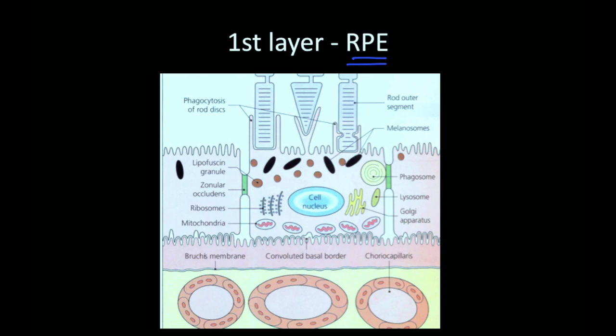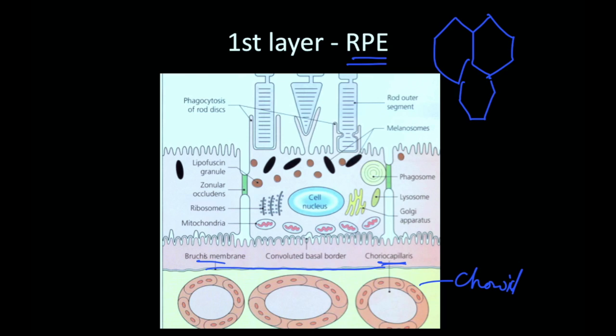Now you have RPE, that is retinal pigmentary epithelial cells, which are adjacent to the Bruch's membrane of the choroid. These are the choriocapillaries in the choroid. These RPEs are hexagonal cells. If you look from above, you can see they are like hexagons. Okay. Now these cells are arranged like this linearly, and you can see some tight junctions between each epithelial cell.